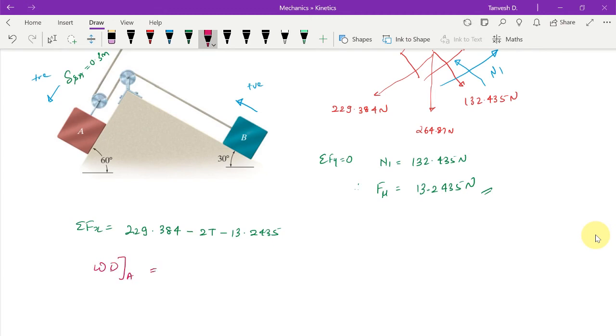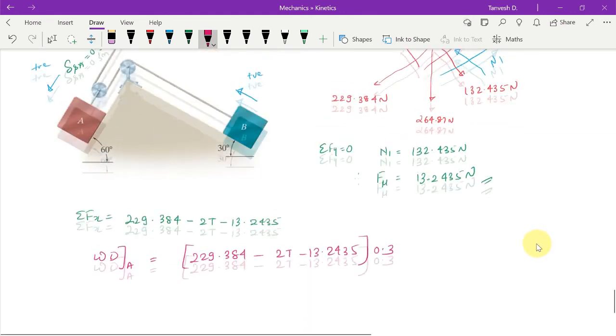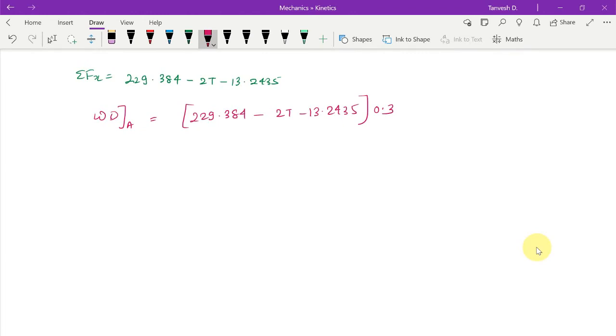Therefore the work done by A is 229.384 minus 2T minus 13.2435, multiplied by 0.3. Similarly we will find the work done by block B. So the FBD of block B, that we have to first determine.